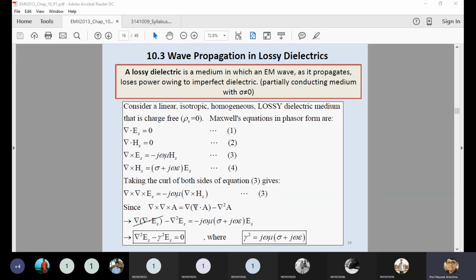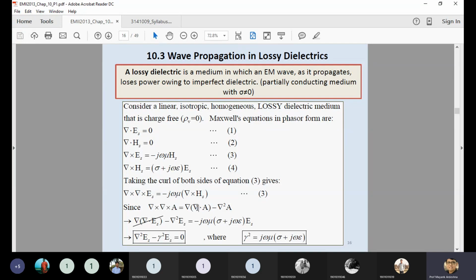So what is exactly the meaning of this? If you find the curl of curl of E bar, and del multiplied with del dot A minus del square A, both give me a similar answer.